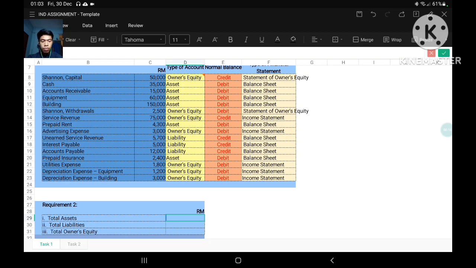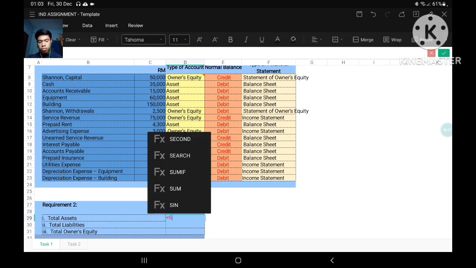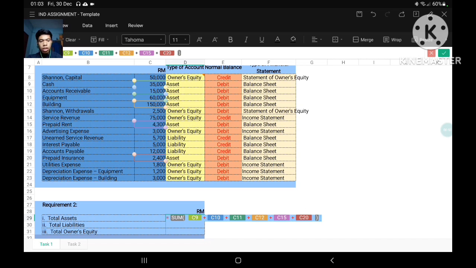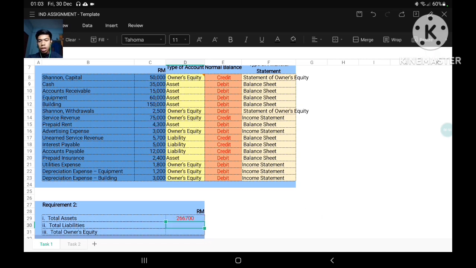Use this formula: equal sum, open bracket, take all asset, plus asset. Choose all the assets, and plus, close the bracket and enter.